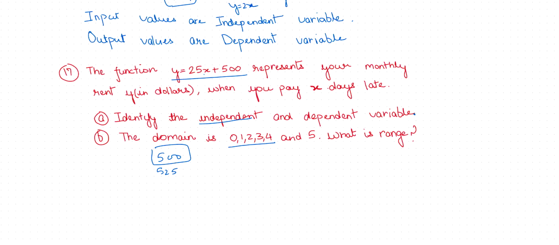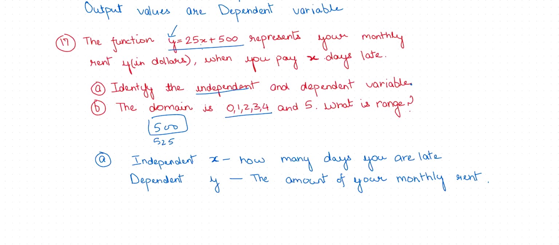So y is dependent. Okay. So independent is x, how many days you are late, and dependent is y, the amount of your monthly rent.